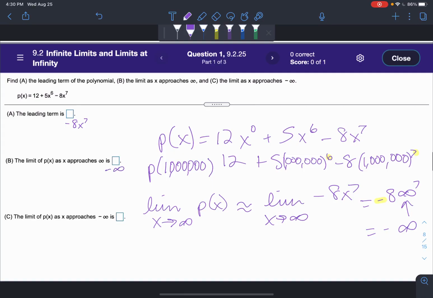Okay, so now let's look at what happens if I put in negative infinity. So if I want the limit as x goes to negative infinity, I still can use this leading term that we got from part A, so minus 8. All right, so let's try plugging in a really large but negative number.